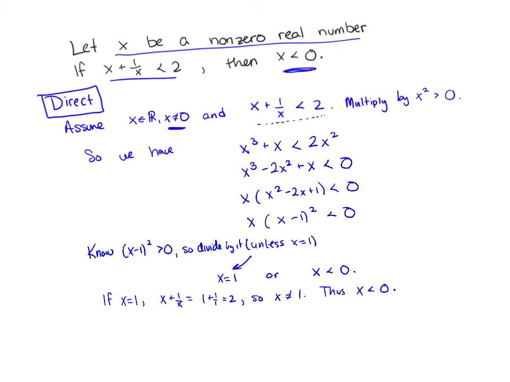So we were able to start with just our if, do some fancy algebra, and conclude that x had to be less than 0. So I concluded my then. That is my direct proof. I encourage you to look over this proof, see what we did and why, and think about whether this is a nice proof. Do you like the style of this direct proof? Then we'll compare that to the proof by contrapositive and contradiction.